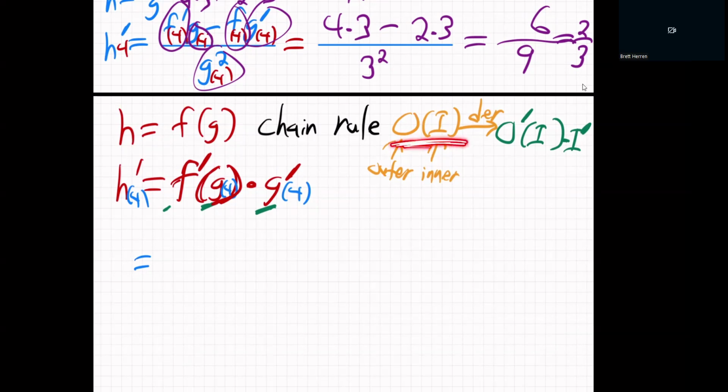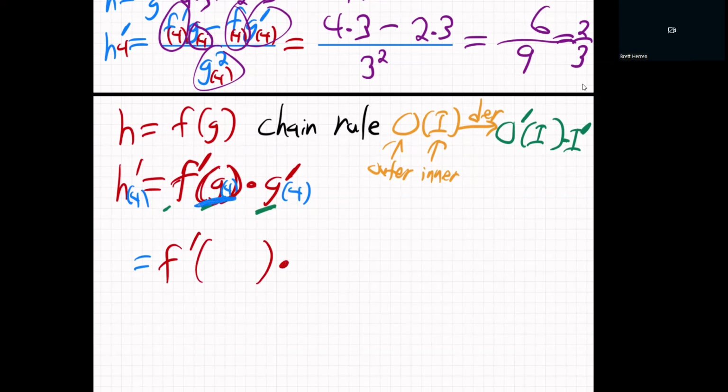When we take the derivative using the chain rule, we take the derivative of the outside function, keeping the inside the same, times the derivative of the inside function. So right here, this is the outer function, f prime. The inside has to stay g. That's where the 4 goes. Times the derivative of the inside function of 4.